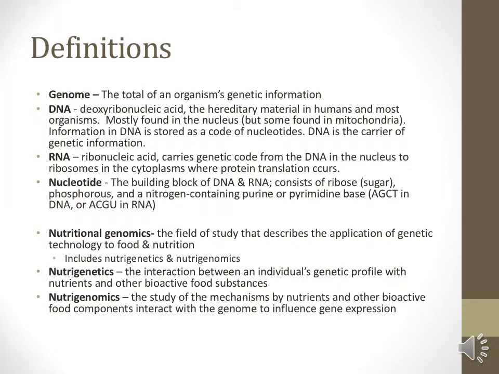On the other hand, nutrigenomics is the study of how the nutrients and bioactive food components that we eat interact with the genome to influence gene expression. So in review, nutrigenetics is telling us our genes are kind of dictating our nutrient requirements. On the flip side, nutrigenomics is how what we eat is influencing the expression of specific genes.